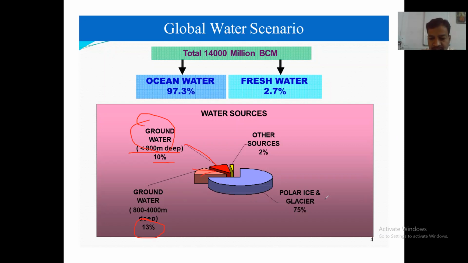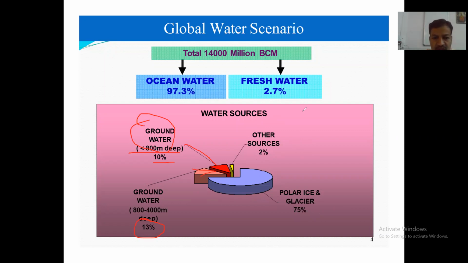Then polar ice, glaciers, the water which is available in the form of ice, polar ice, glaciers, which is having 75%. That is shown by blue color. And 2% other sources, which are available in the surface sources, shown by yellow color. Other sources 2%.